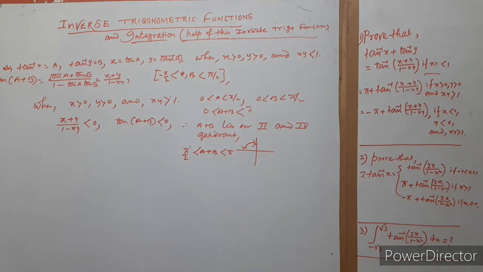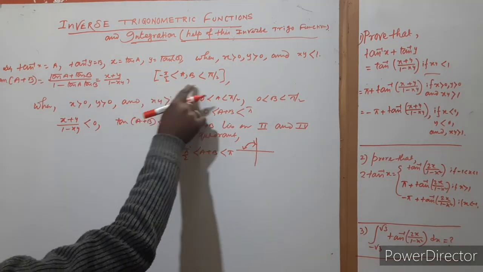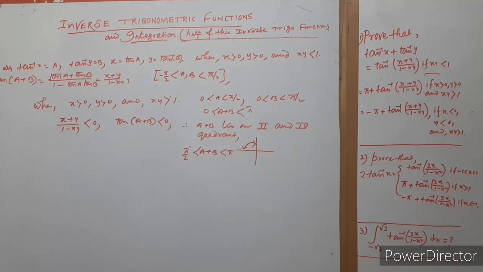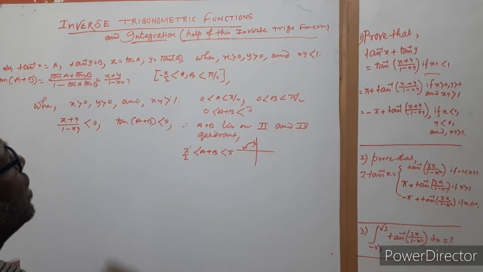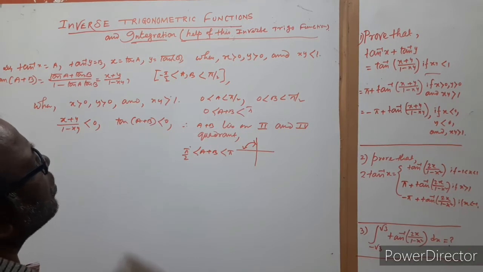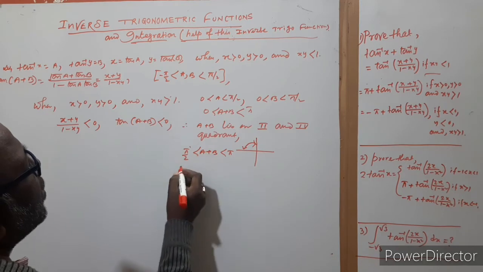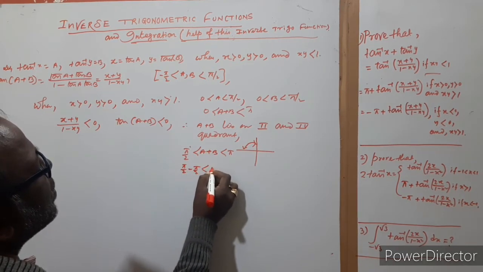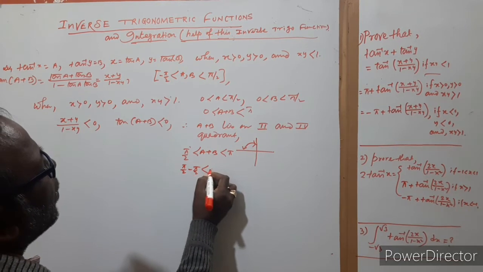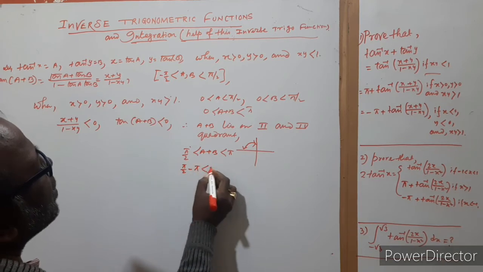Okay, now the interval of that we have to always convert to between minus pi by 2 to pi by 2. So that's why we do either minus pi by 2 or minus pi. Doing minus pi will be perfect.